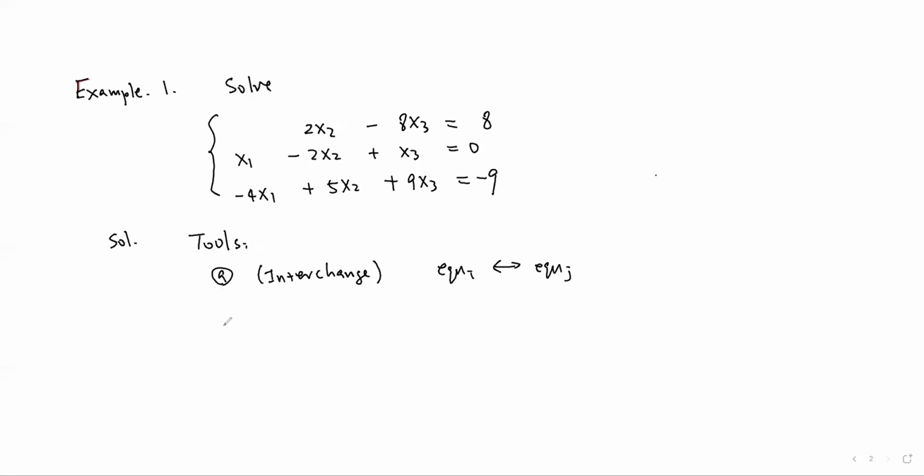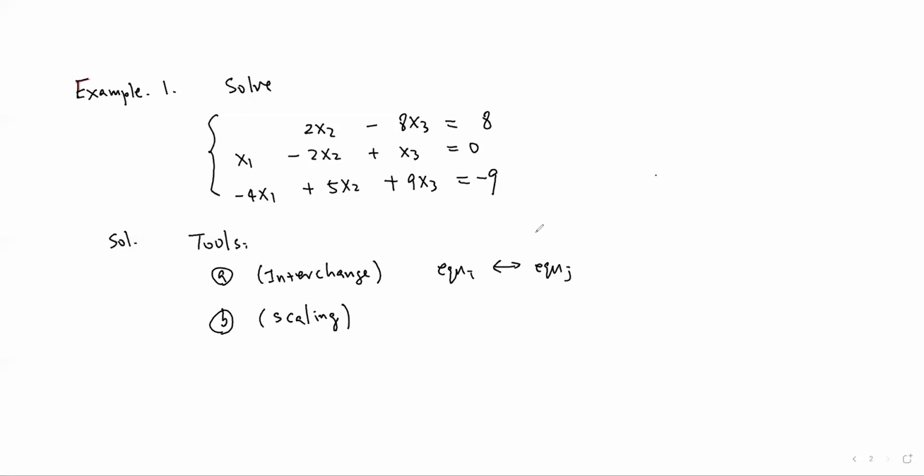The second operation we use to do elimination is scaling. Multiply one equation by a non-zero number. Don't multiply one equation by 0. If you multiply the one equation by 0, then you change the solution of the linear system.